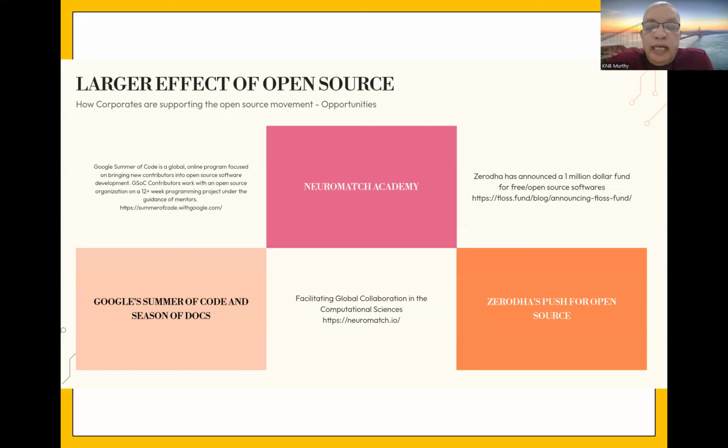Neuromatch Academy is trying to facilitate global collaboration in computational sciences. Zerodha has announced a $1 million fund for free and open source software. This is a demonstration that it is being promoted.